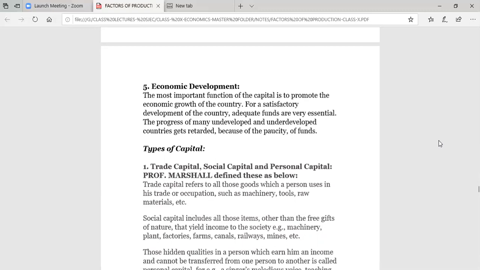The workers, the employees who are working in that factory, in that production, they are getting salaries and wages. They are paying tax to the government. By way of getting this revenue, the government gets more and more revenue from these sources. In this way, our entire economy is getting developed.